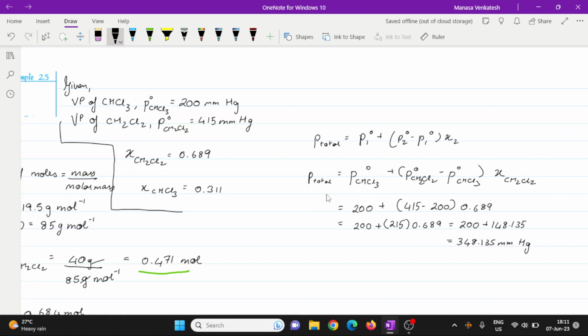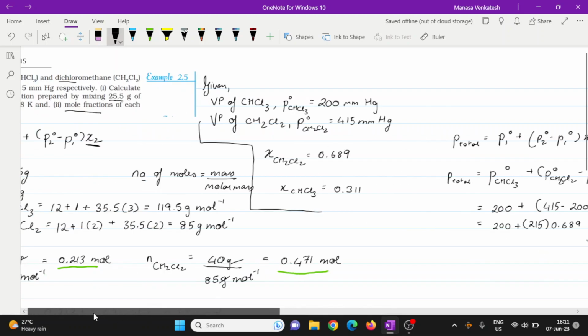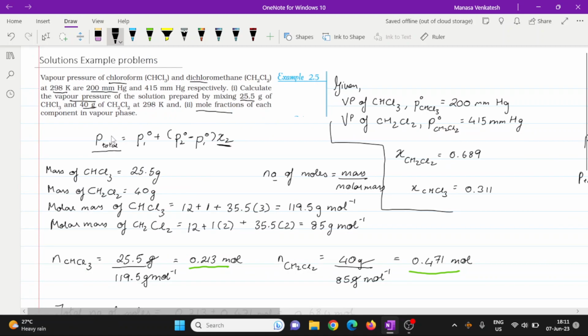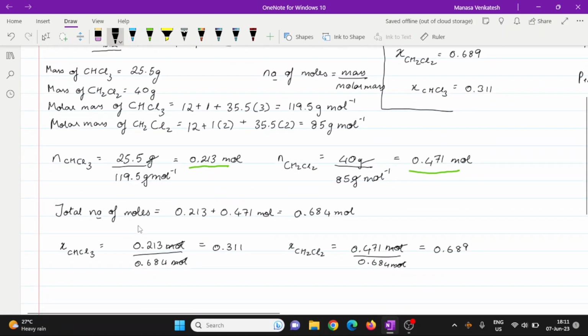Basically, for the first part of this question at least, we were able to calculate the total vapor pressure of the solution. We started with calculating the number of moles using the mass and the molar mass of each of these compounds, and then we were able to calculate the mole fraction of the individual components.